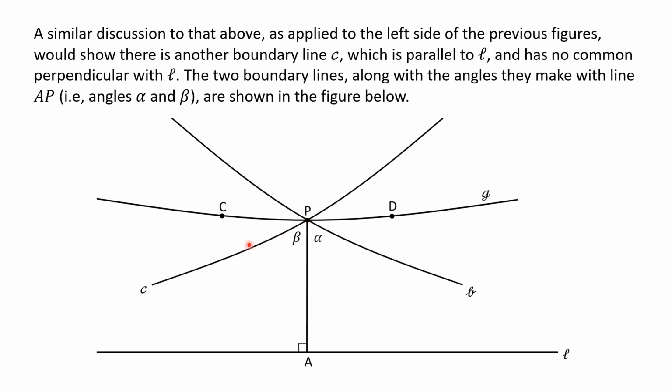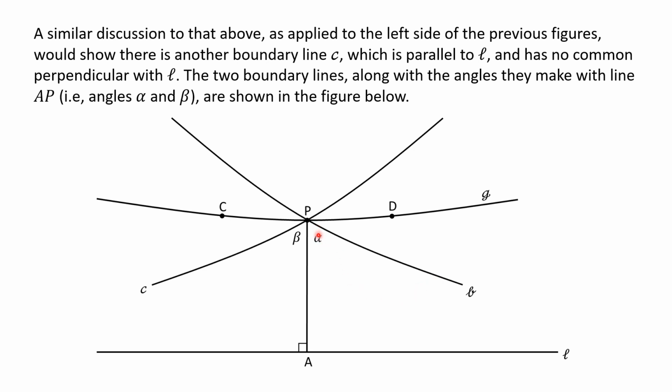What we'll show in the following slides is that all the lines between B and C, so anything going between these two lines, for example G, are parallel to L and do share a common perpendicular, and then only C and B go through point P, are parallel to L, but do not share a common perpendicular.